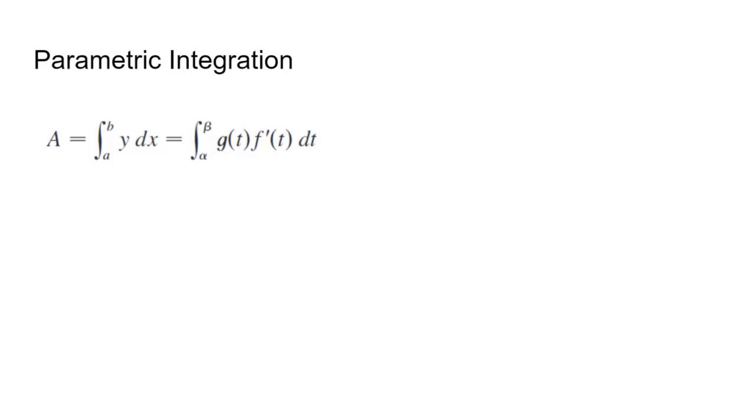That's how parametric curves are defined. We have x as a function of the time variable, and y is a function of the time variable. And then f prime would be dx dt.